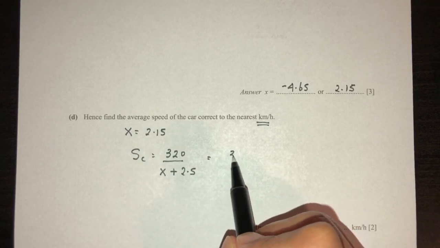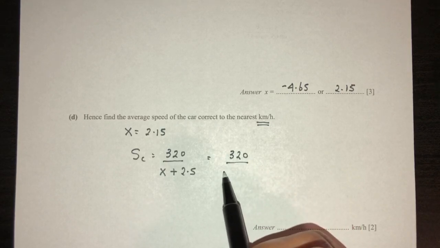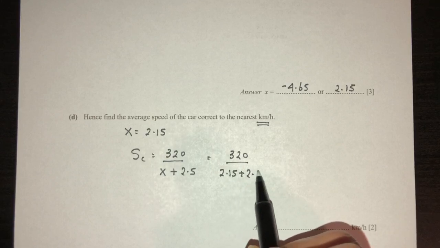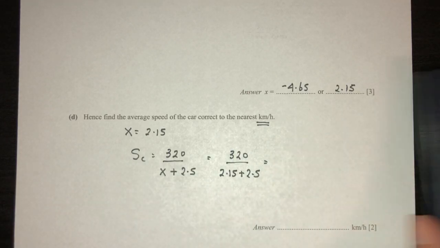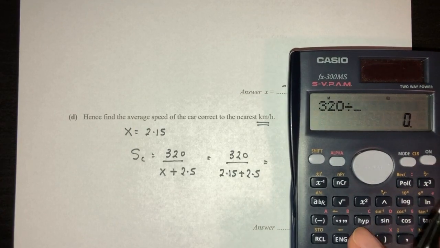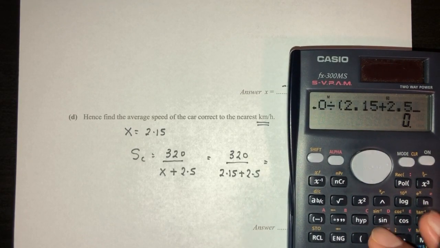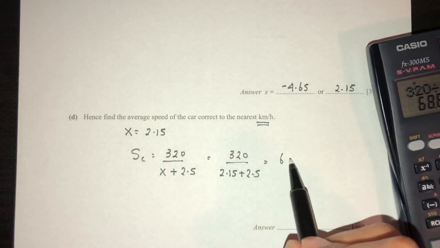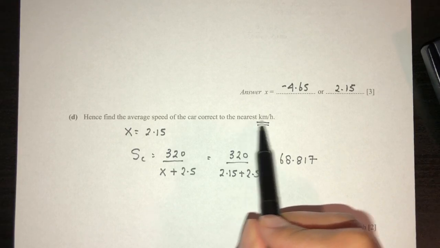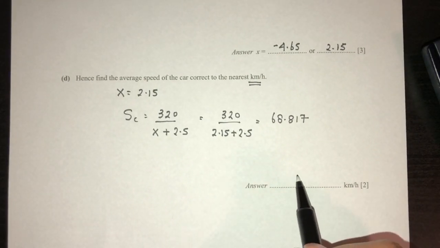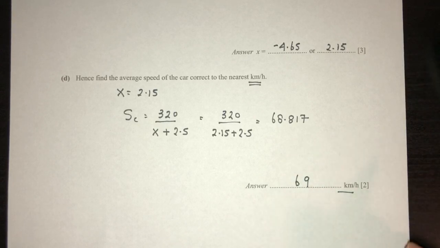So that will be 320 divided by 2.15 plus 2.5. That will be 68.817. We have to give your answer correct to the nearest 1 km per hour. So it will be 69 km per hour for your answer. And that will be your question number 9.